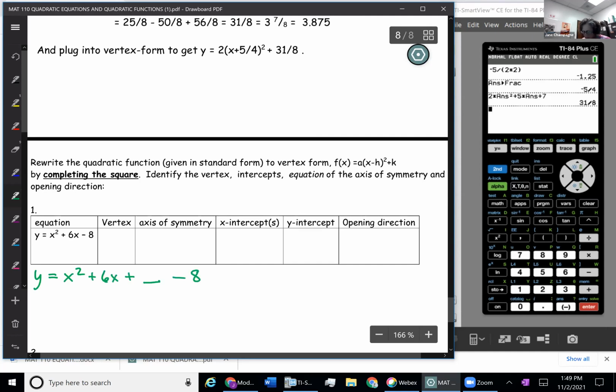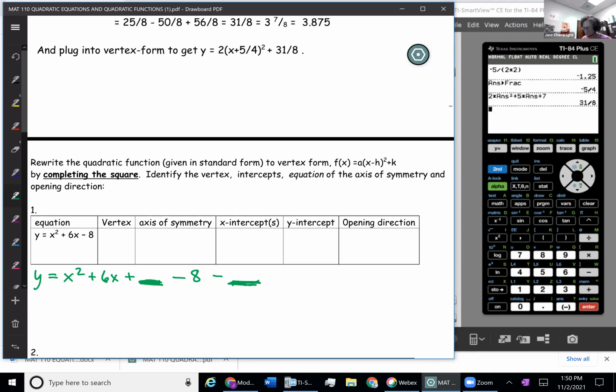You don't really have another side to use. I mean, you could, but it's easier to just move that 8 over and then go minus blank, right? When you're on the same side of an equation, adding something and subtracting it is a way of kind of keeping it the same, right?